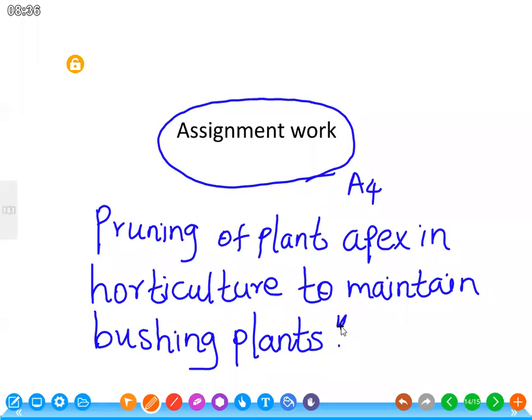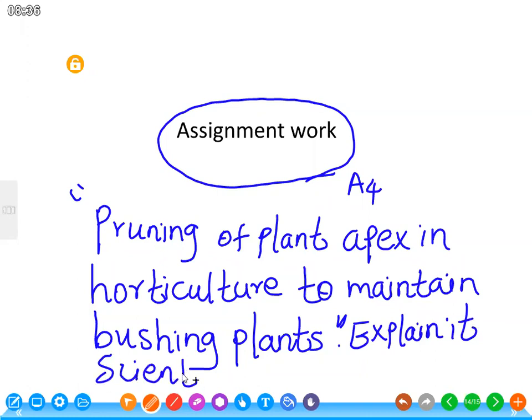Explain it scientifically, okay? So this is the assignment heading: pruning of plant apex in horticulture to maintain bushing plants.